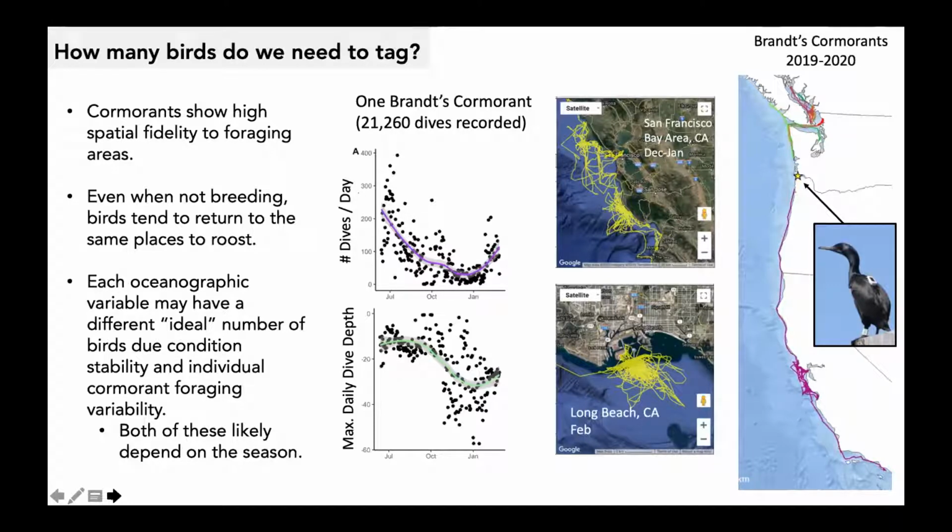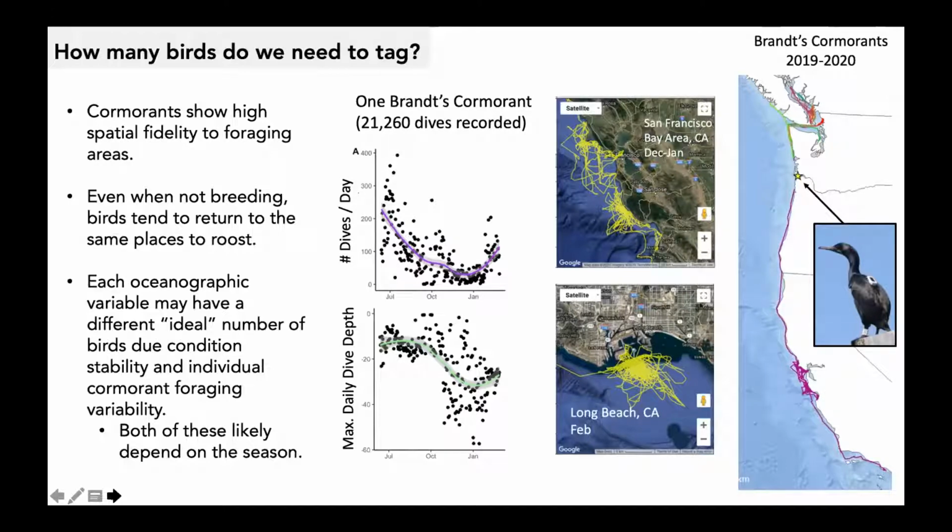We do know that cormorants show high spatial fidelity to foraging areas, and even when they're not breeding, Brandt's cormorants return to the same places to roost. Certainly each oceanographic variable may have a different ideal number of birds. Bathymetry might be more easily characterized than some more dynamic variables.